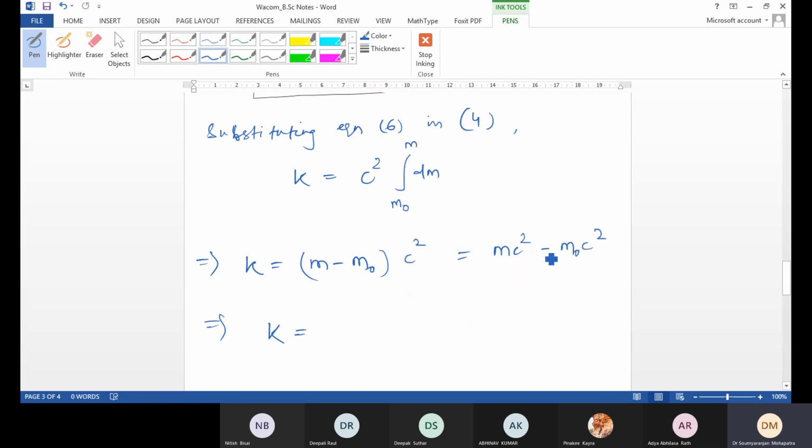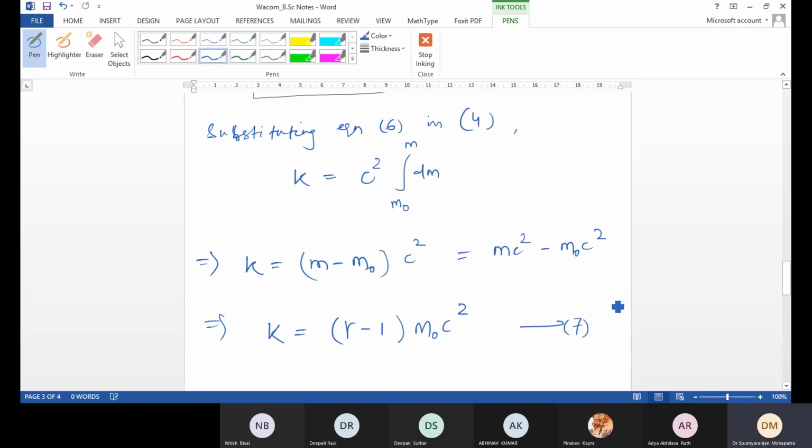Now I will take m naught common from both. If I take m naught common, I have to bring a gamma here, because we know m is nothing but gamma m naught.